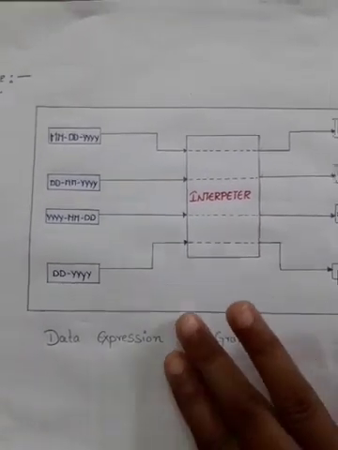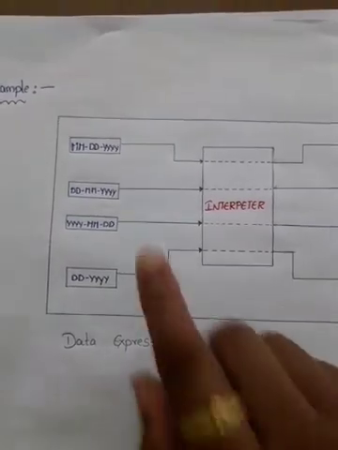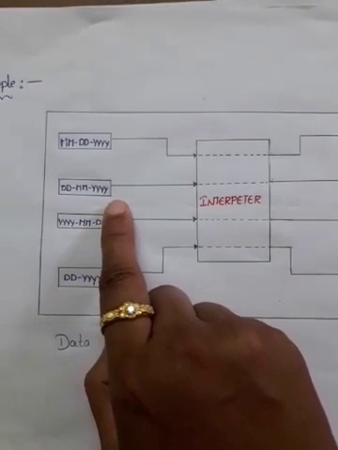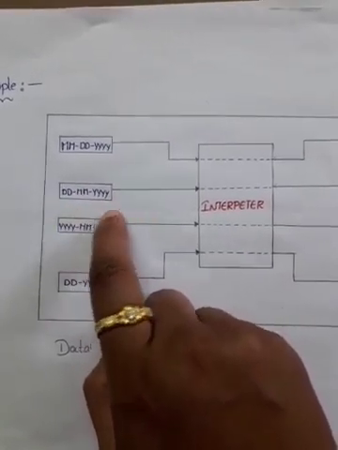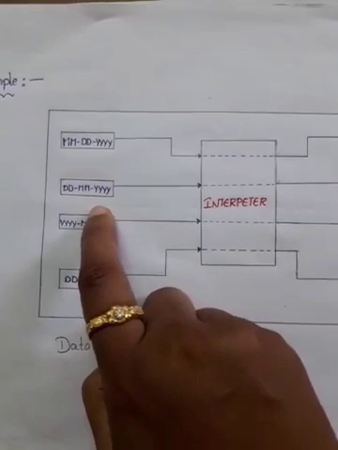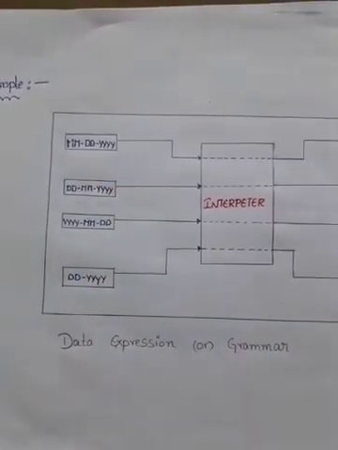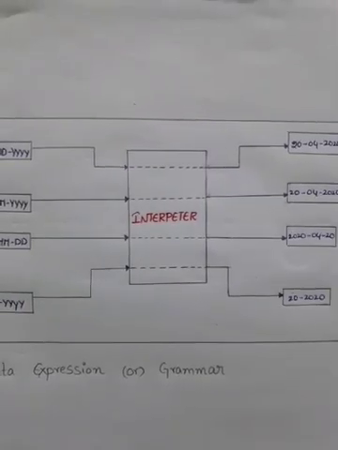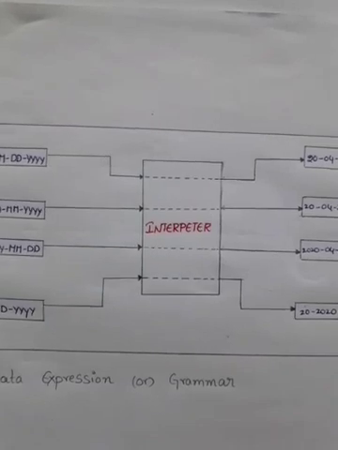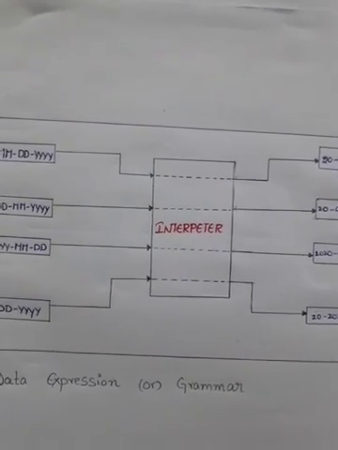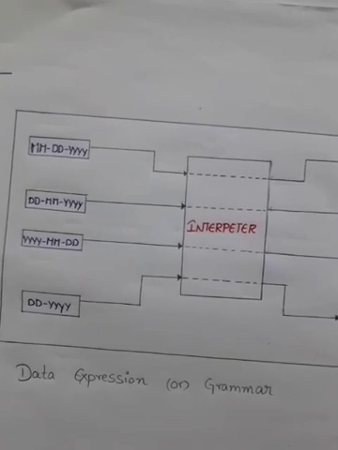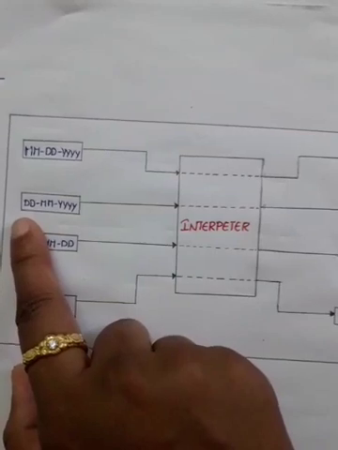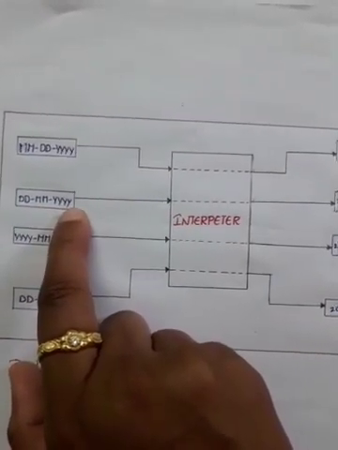Here I want to print the value of date, month, and year. This is my condition to print the date. What the interpreter does here is convert the date value as per our request as date, month, and year.